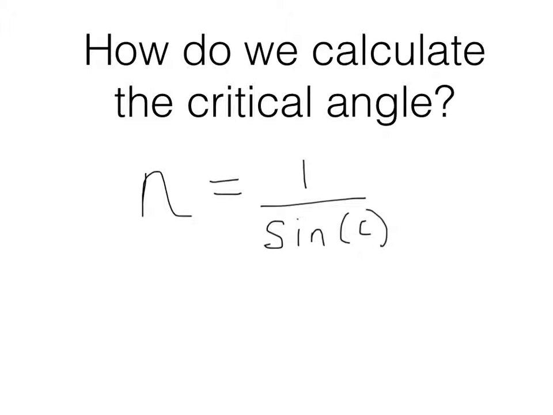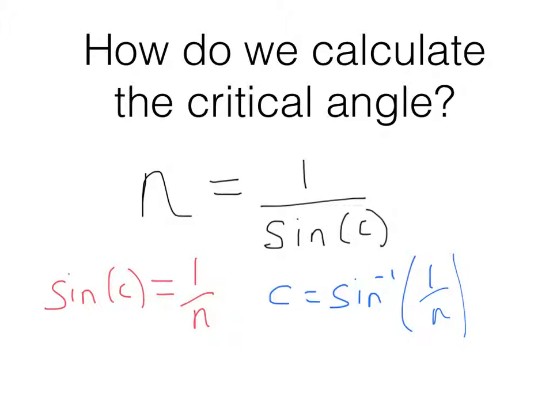So initially we can rearrange this to say that sine of angle C, the critical angle, is equal to 1 divided by n. Then we need to take the inverse function of sine. So we would then say that C is just equal to sine, and we put this little -1 here to show that it's the inverse function, of 1 divided by my refractive index.